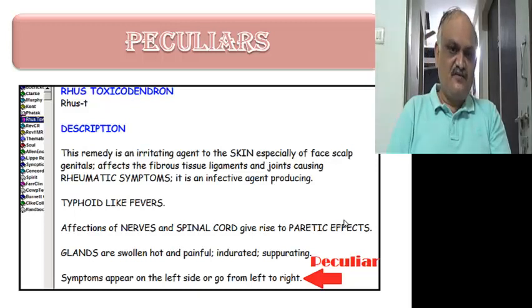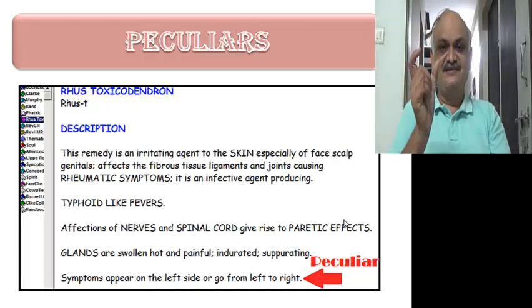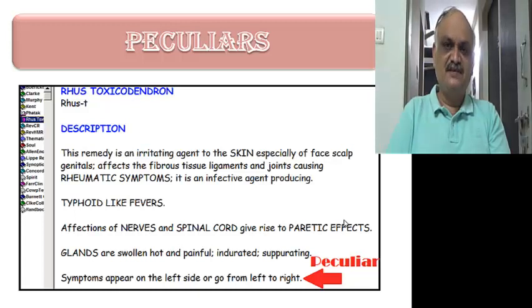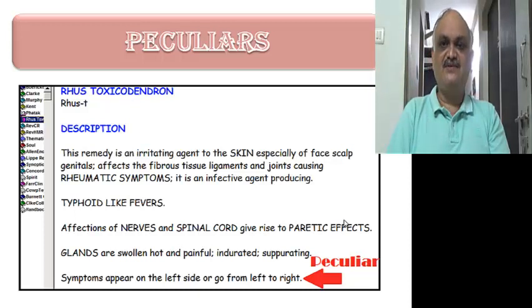So here we have Rhus tox from Phatak's Materia Medica. Symptoms appear on the left side or go from left to right. So this is very peculiar, right? Not every medicine has this characteristic. Only a few medicines. So if your case has this kind of peculiar, you can directly select Rhus tox.